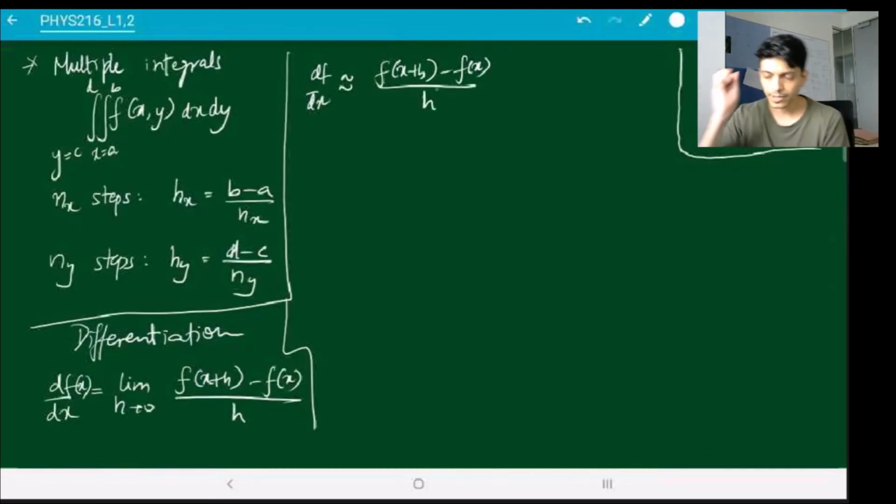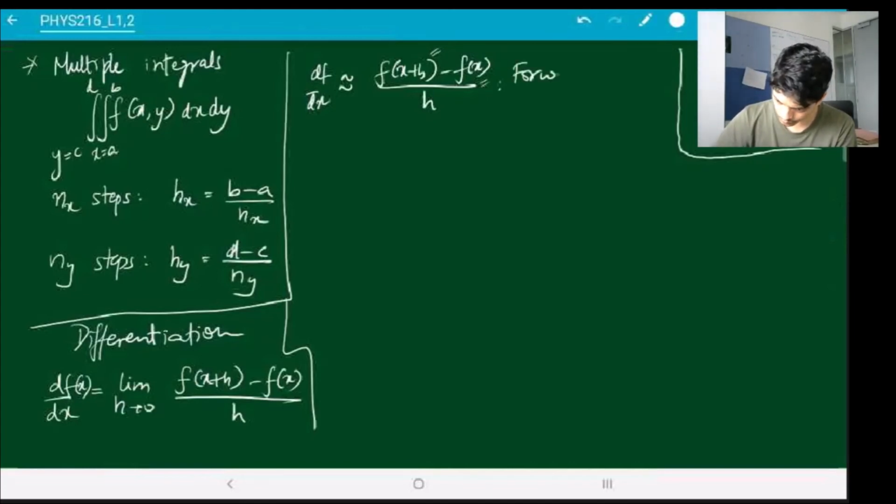If I choose my h to be small, then you evaluate the function at the point x, you evaluate the function at the point x plus h, and then you can calculate the derivative like this. This formula is called the forward difference formula.